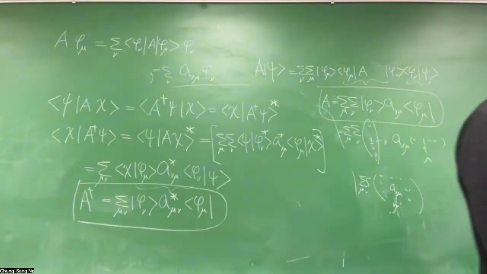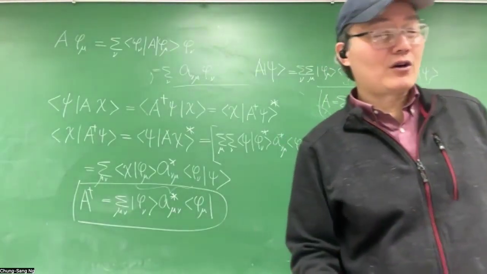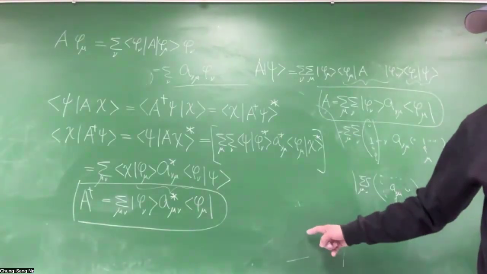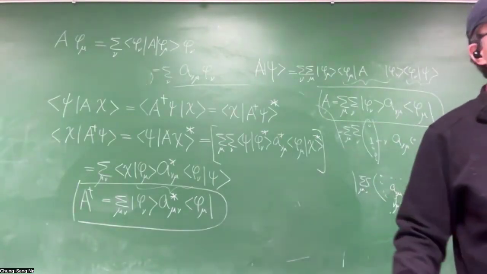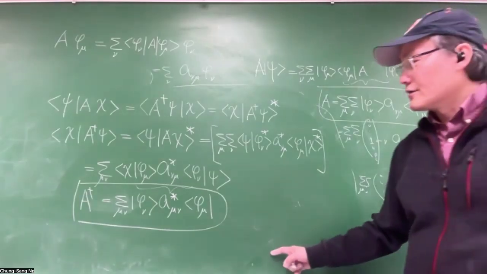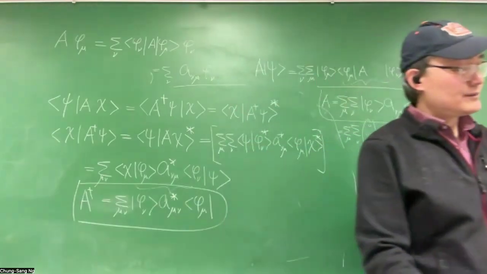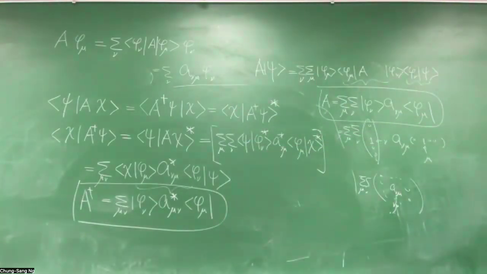Once you do a matrix representation, or what we call a basis expansion, all you need to do is the transpose and the complex conjugate, and that is how you get A dagger. That is called the adjoint matrix also. So that is not difficult.